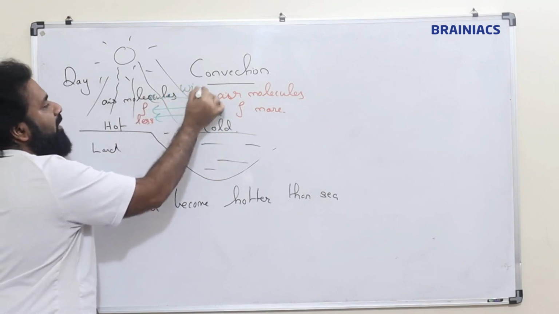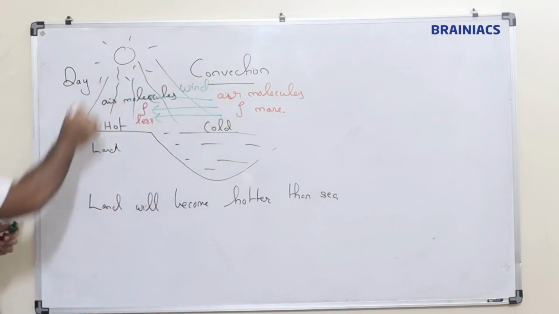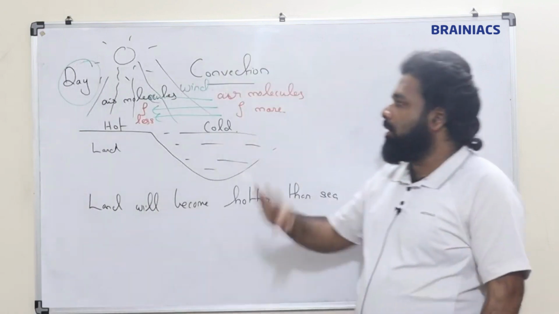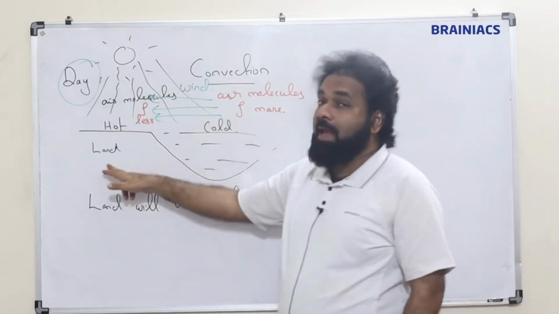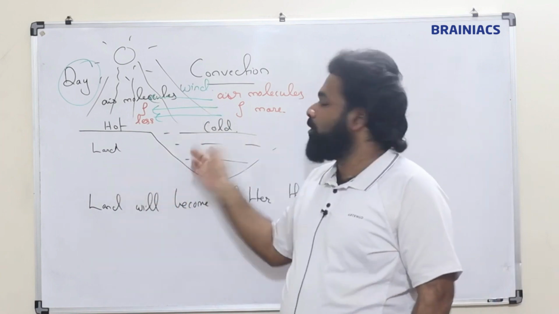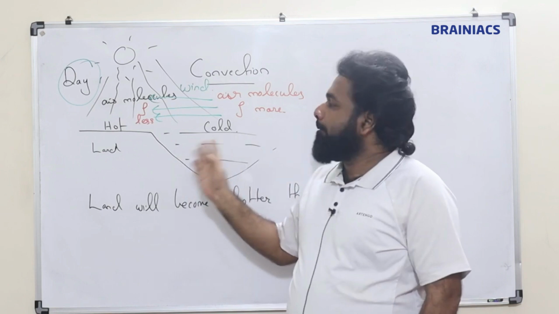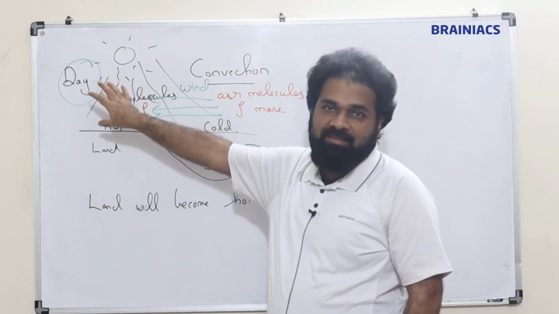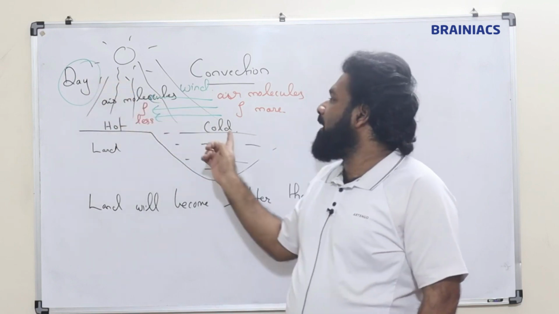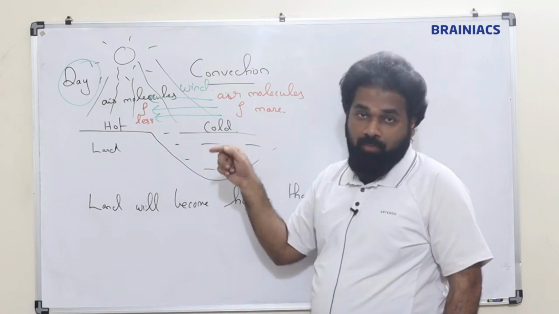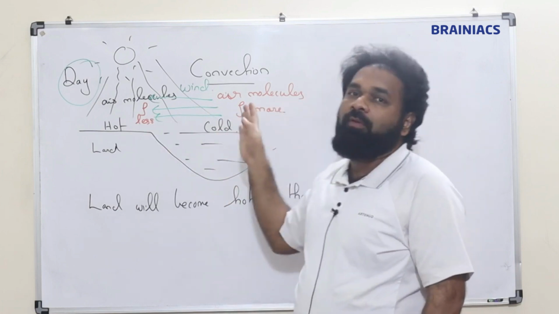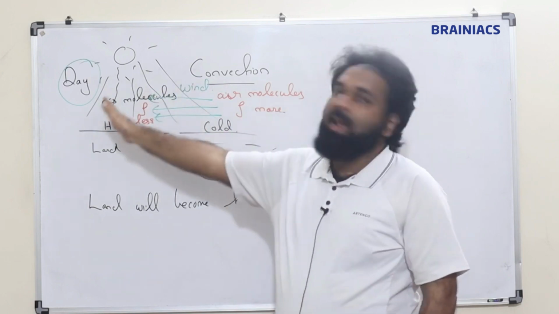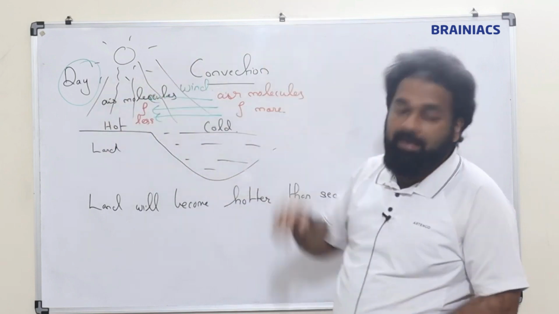This happens during daytime. During daytime land will become hot first compared to water, or sea. So the air molecules above land will become less dense, and compared to this, the density of air molecules here will be more. So air molecules will be moving from more dense area to less dense area. So wind will be moving from sea to the land. This is happening during daytime.